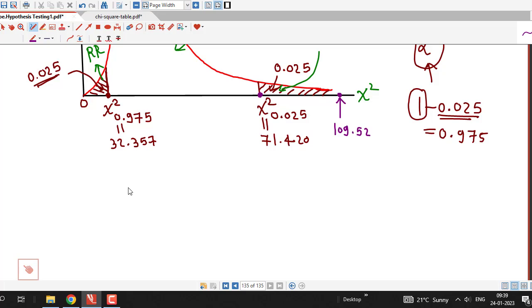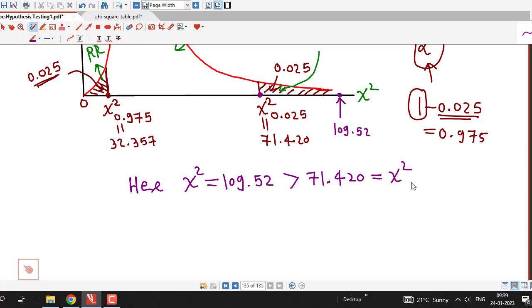So we can now write that the calculated value of the chi-square test statistic, 109.52, is greater than 71.420, which is the critical value of the chi-square distribution with 50 degrees of freedom.